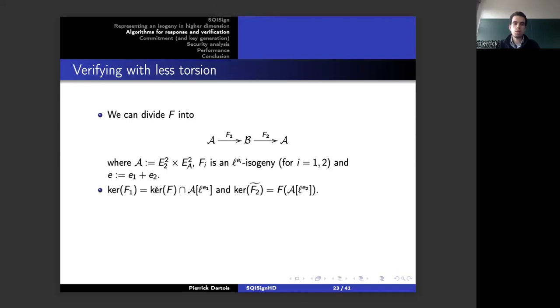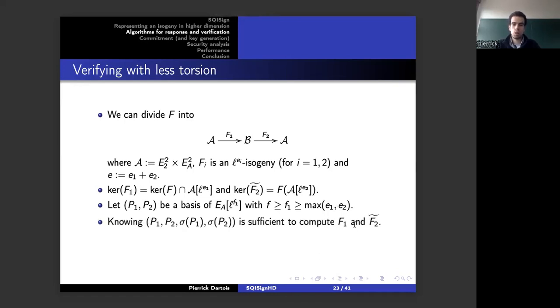Then we have formulas for their kernel, and by simply knowing the image of some torsion, the L^F torsion, where F is just bigger than the exponents E1 and E2, we can actually compute the kernel of F1 and F2 tilde. And the verification is now we verify if the codomain of F1 and the codomain of F2 tilde just match to this abelian variety B right here.